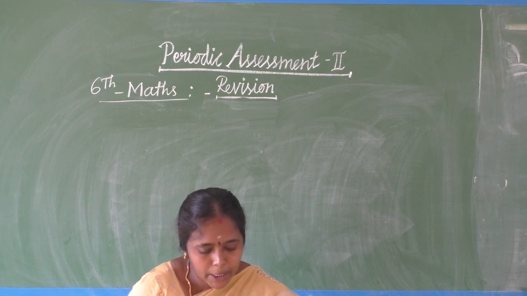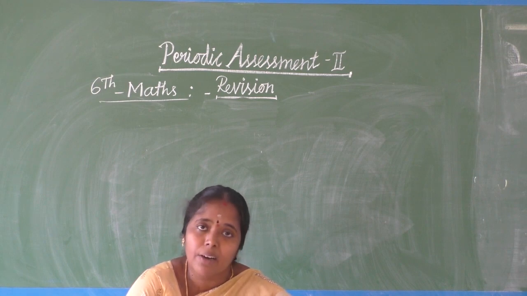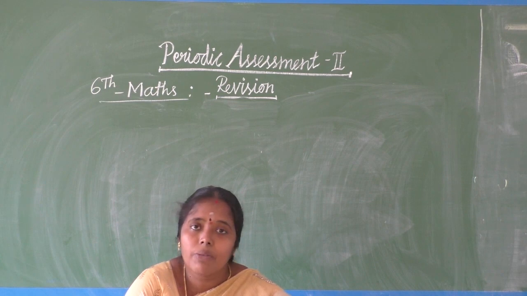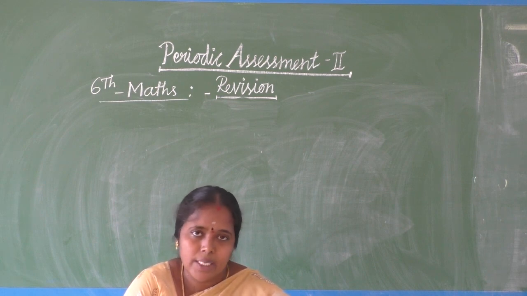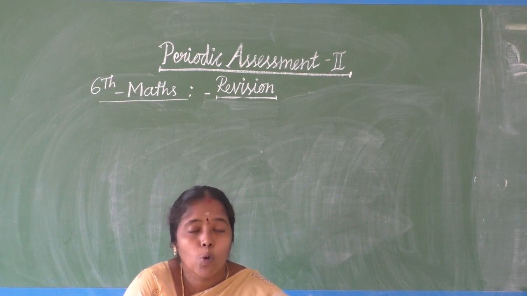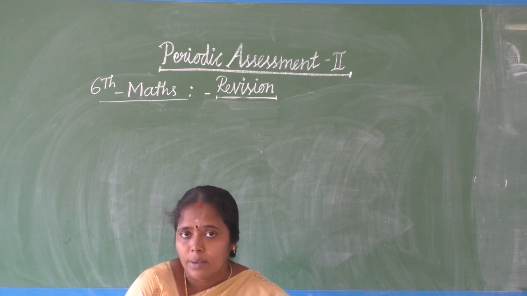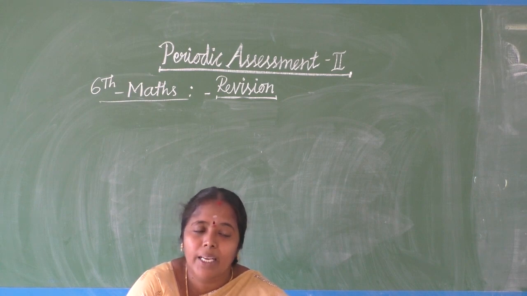Then divisibility rules, tests for divisibility of numbers. What are we going to revise now? Tests for divisibility of numbers. Some rules we have seen. What is the use of these rules? In which way are they helping us? For division work, making calculation easier.